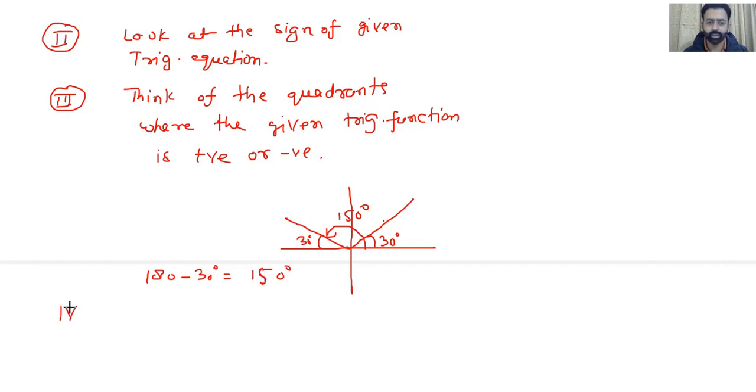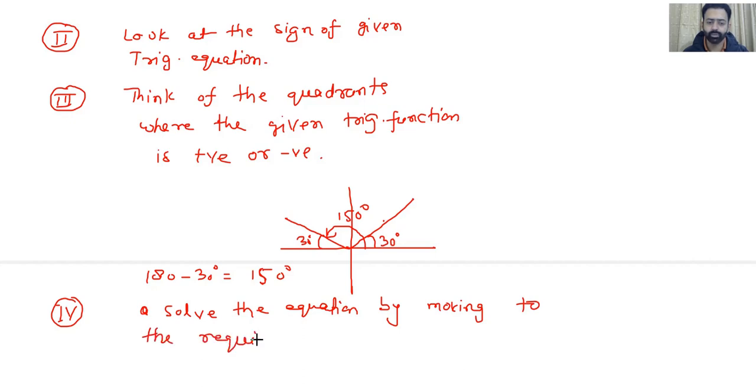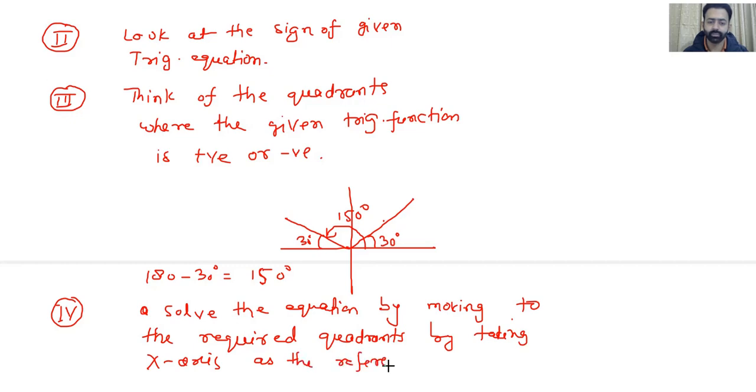So I will write here as the fourth step: solve the equation by moving to the required quadrants by taking the x-axis as the reference.